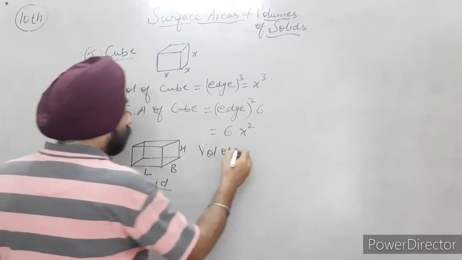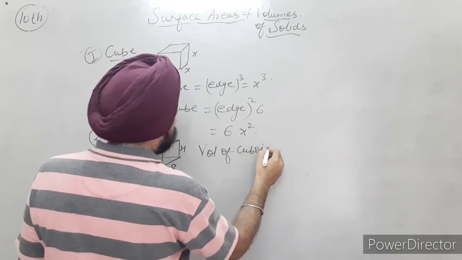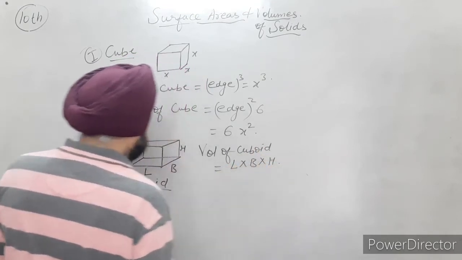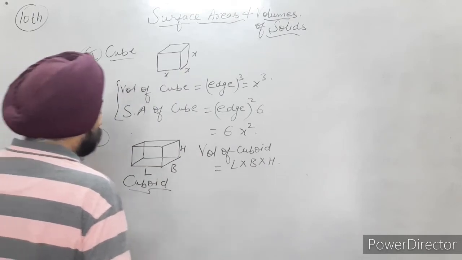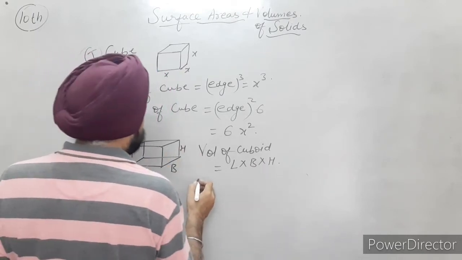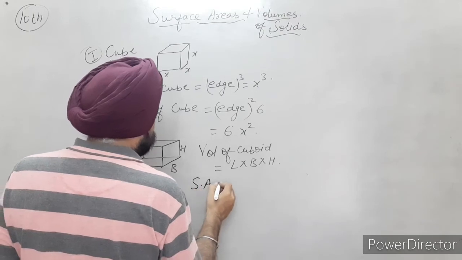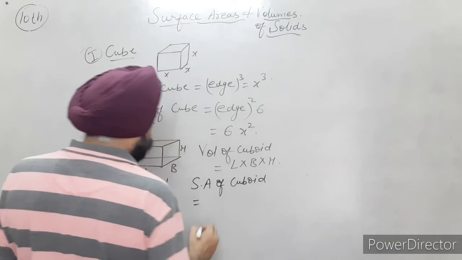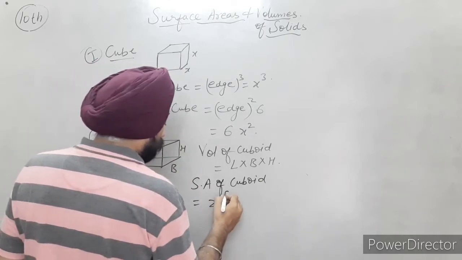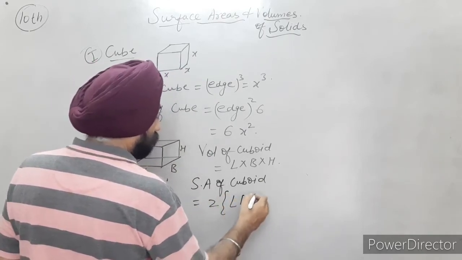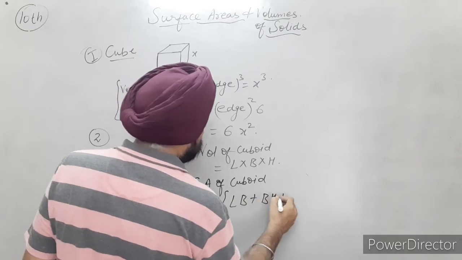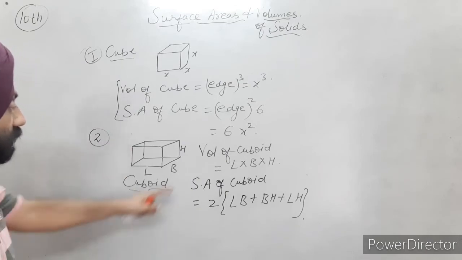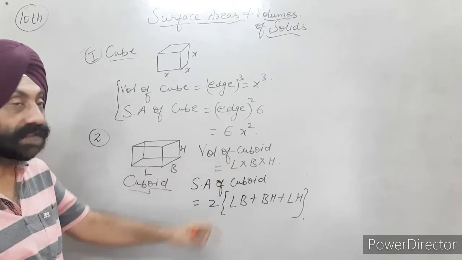Volume of cuboid is length into breadth into height. Then surface area of cuboid is equal to 2 times (length into breadth, breadth into height, length into height). These are the two formulas: volume of cuboid, surface area of cuboid.